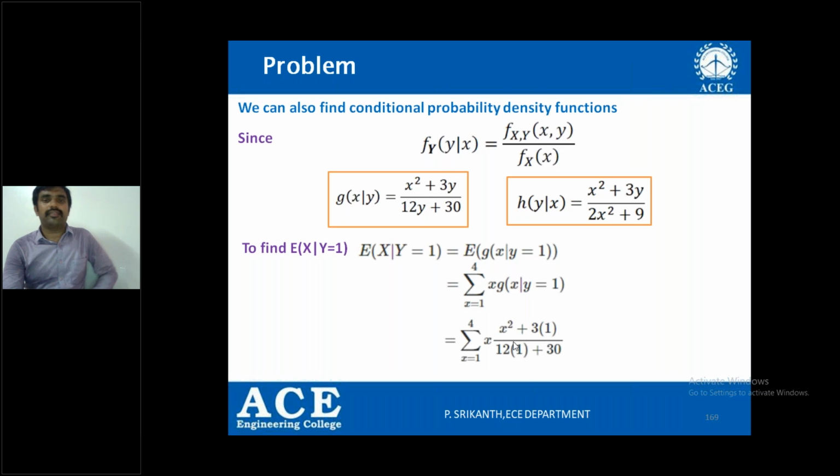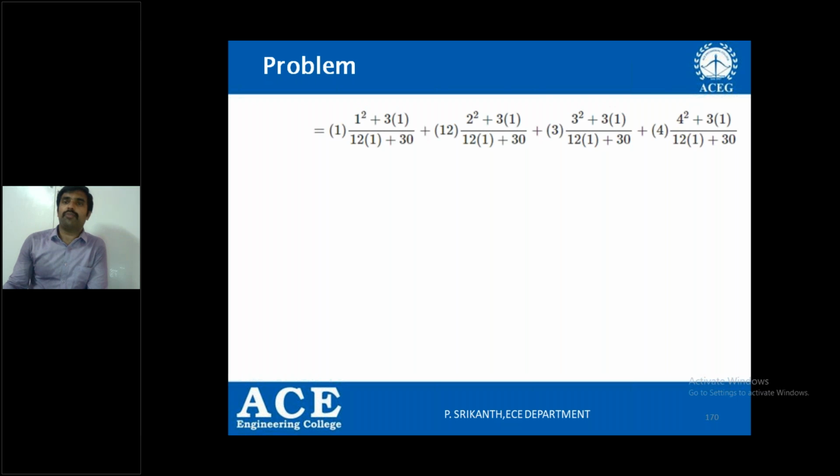Now substitute the values. What is g of x given y equal to 1? Substitute y equal to 1 here: (x square plus 3 into 1) by (12 into 1 plus 30). If I expand the summation, I am going to get the value like this.